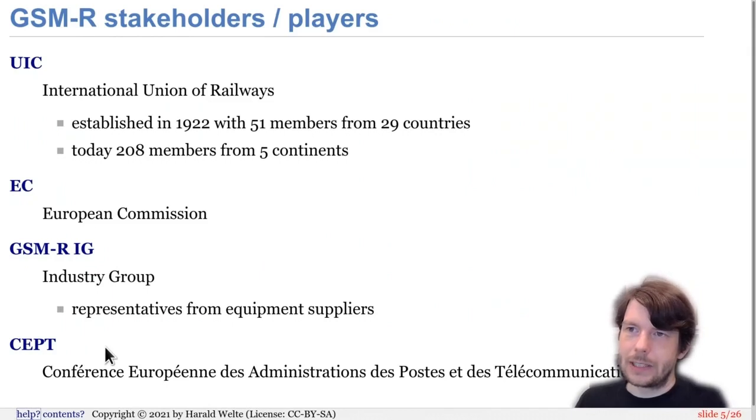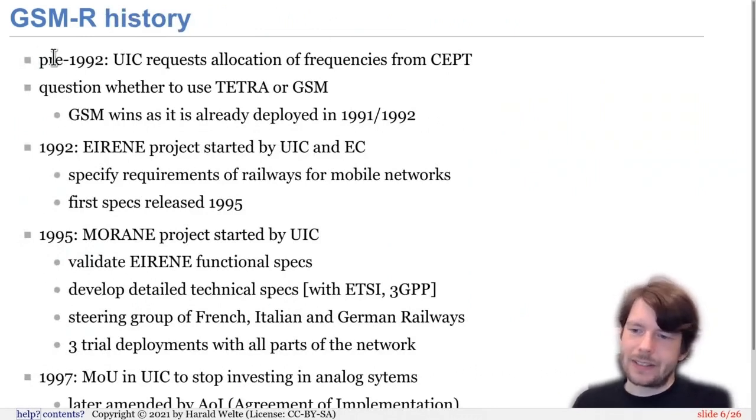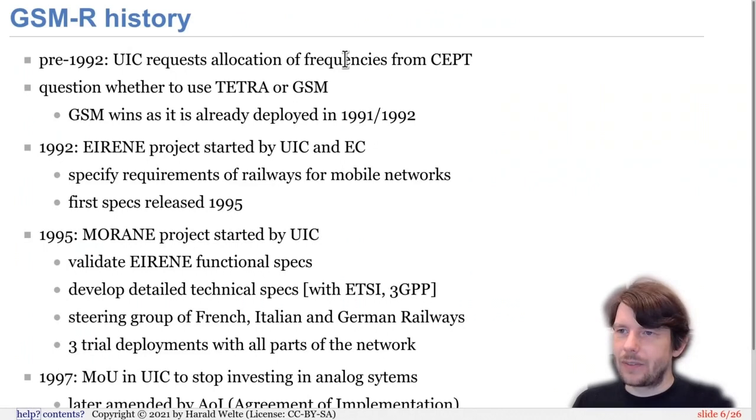If we look at the history of GSM-R, I didn't check the exact dates, but until 1992, UIC requests an allocation of frequencies from SEPT for use in railway use cases. There was a question that was not decided yet whether to use Tetra or GSM on those frequencies for digital communication in railway, basically replacing the old analog VHF-based communication.